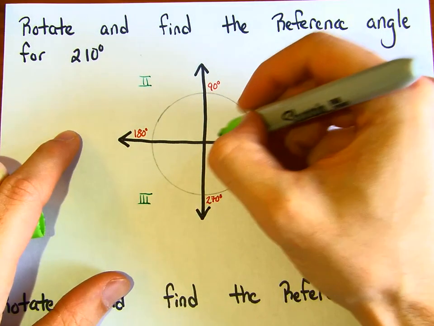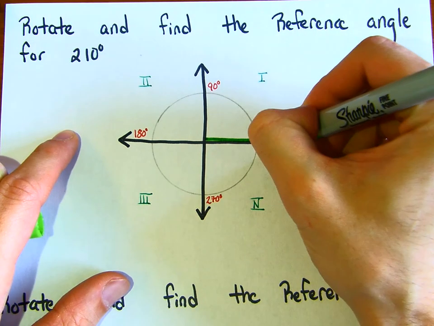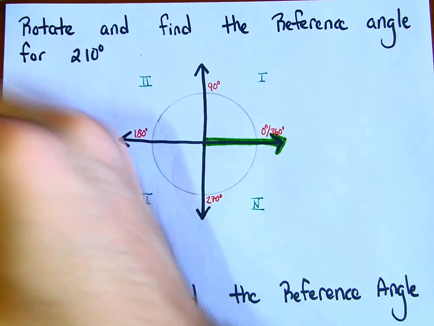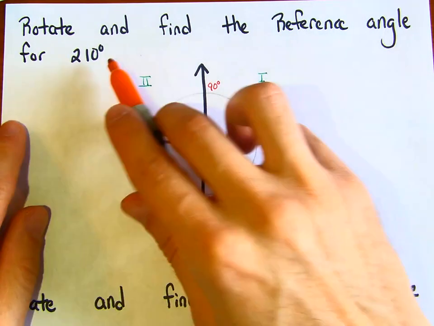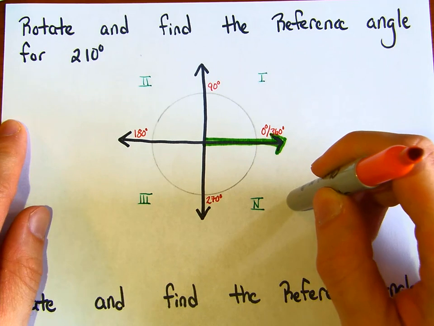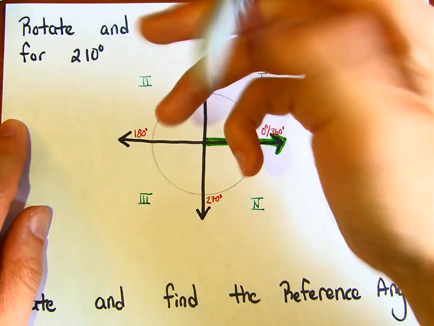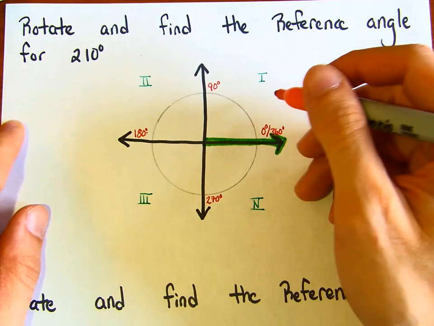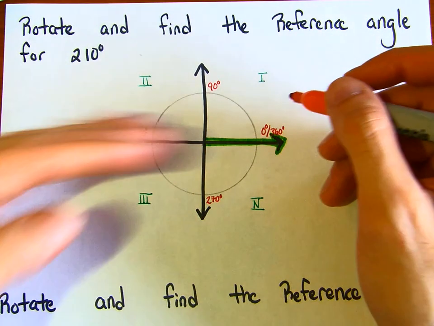Here, if you want to see how it's done, let's look at the first move. First move, let's draw our initial ray. And now, where will the terminal ray be? Reference angle 210. Which quadrant will it be in? It will be in quadrant 3, because 210 is between 180 and 270. So where is 210? Give or take, let's say we do the rotation, right?